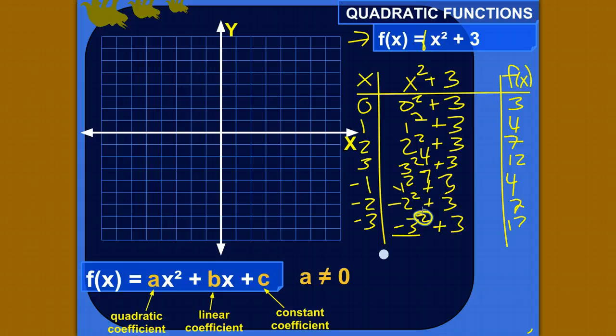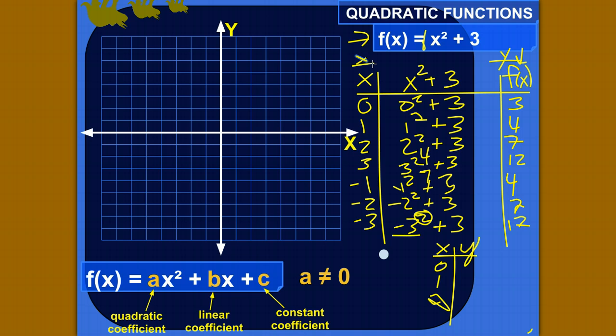So it's 12. Now we have a table of values, and we're going to plot this f of x on the y-axis. We'll have our x coordinates and our y coordinates.